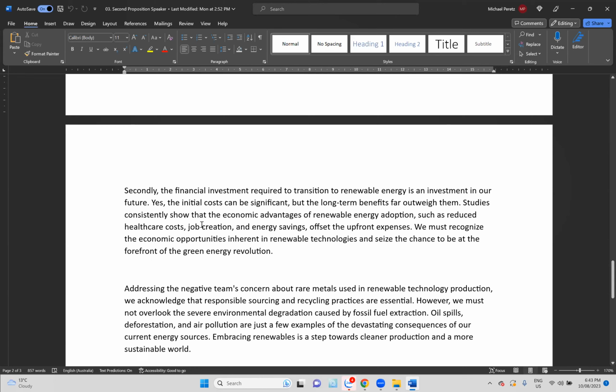They say that it can create jobs and it offers energy savings. So it's going to work out cheaper as well. And that will all cancel, or not cancel out, but it will make the upfront amount of money that it costs more acceptable when you start saving money in the future.